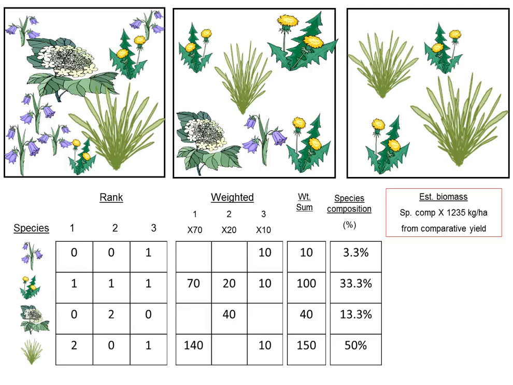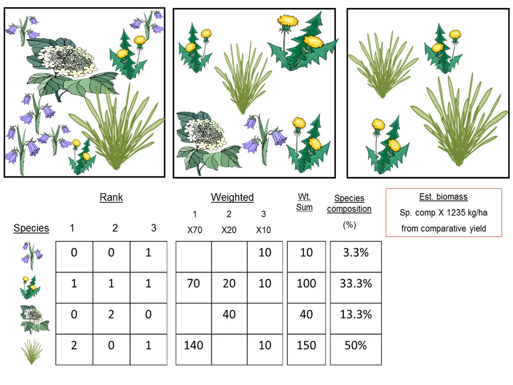We then calculate a species composition based on this by dividing the weighted sum by the total amount, which is 300%. And so we get 3.3% as the contribution of the purple flower, but 50% is the contribution of the grass to the total species composition in this very simple community.